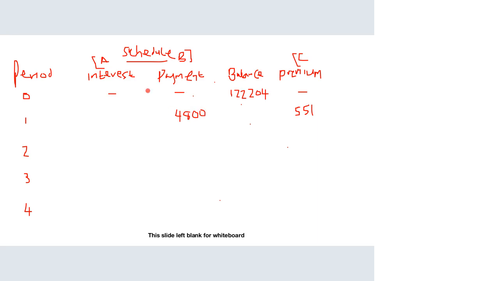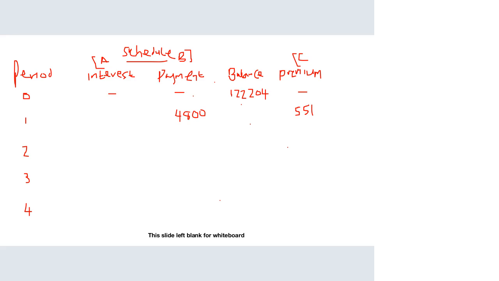So to get the interest here, we will now subtract C from B to get A. So 4,800 minus 551. So what will that give us? What will that give us if we subtract 551 from 4,800? 4,249.